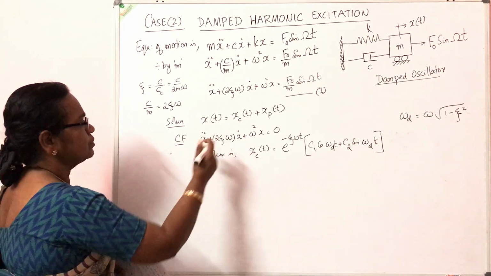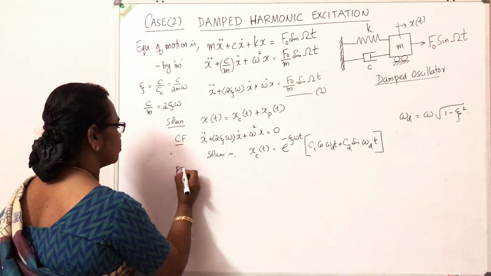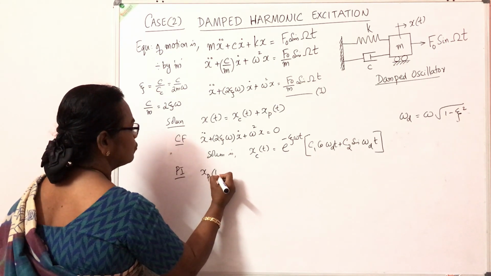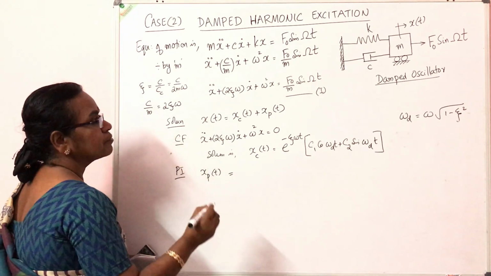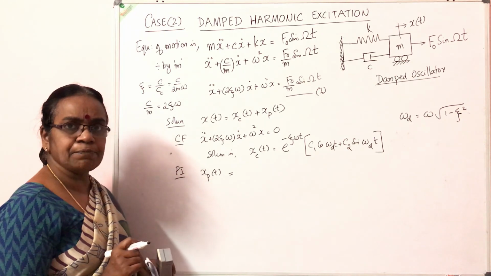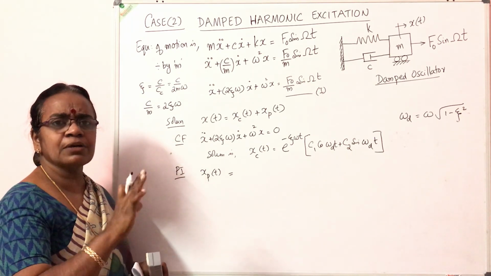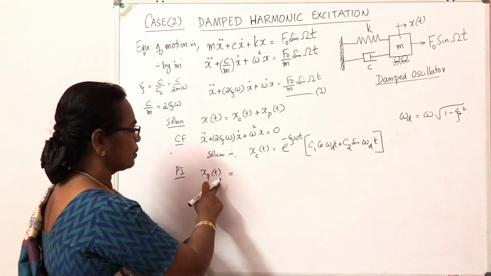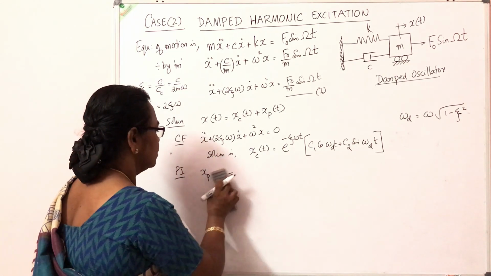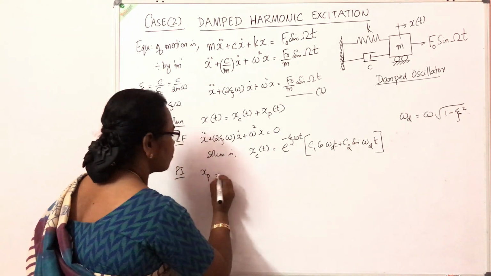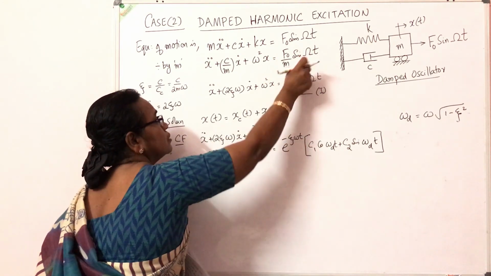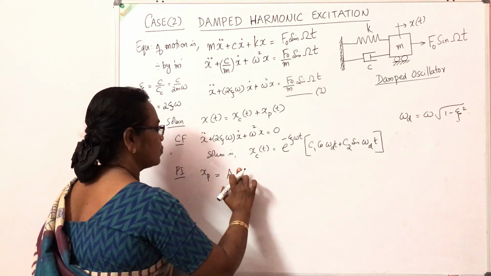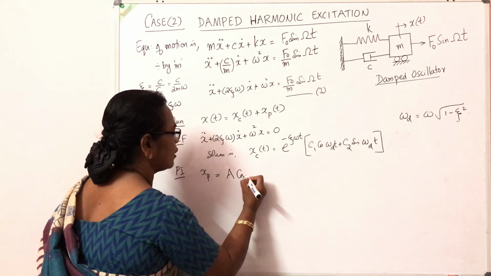Now coming to the particular integral part, the particular solution xp, let us assume for a structure subjected to damping, the response will never be in phase with the forcing function. The forcing function is sin Ωt, so the response is not going to be in phase with that.